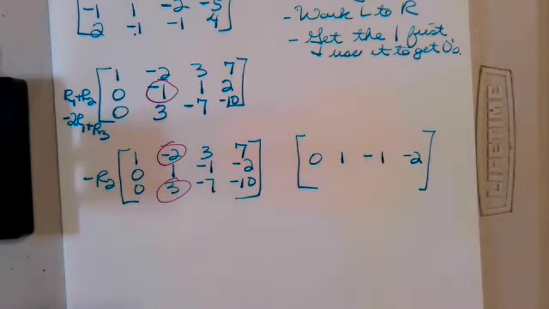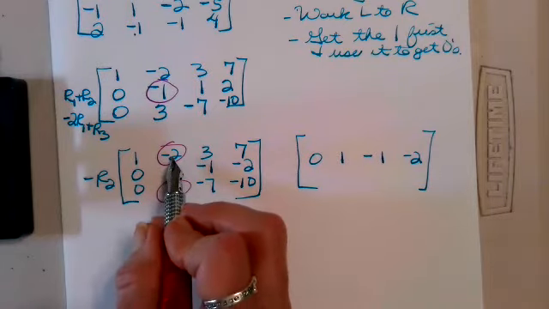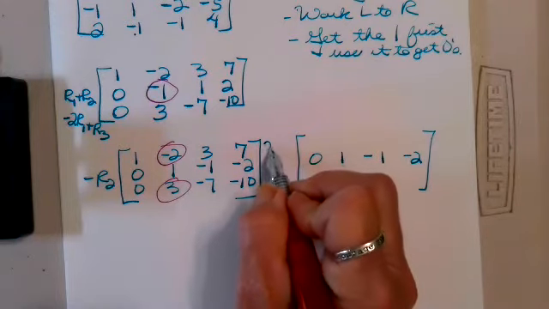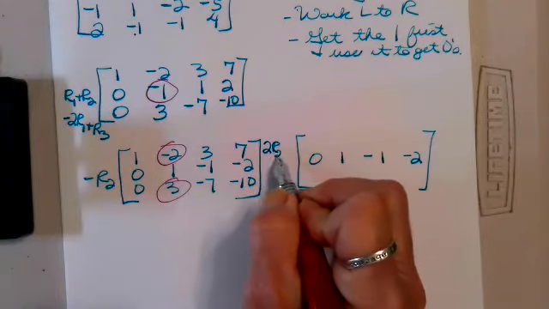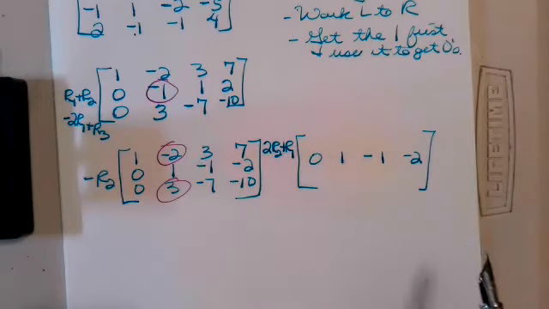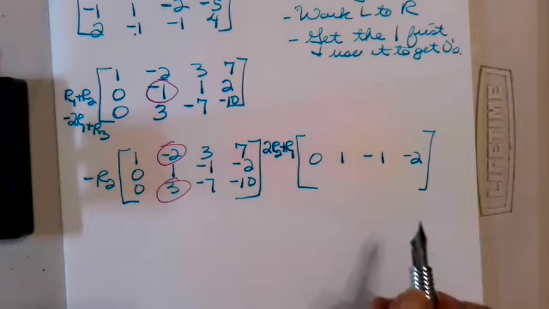Okay, so that means I have to take, to get the minus 2 to be a 0, I'll multiply row 2 times 2 and add it to row 1. Remember, all I care about is to get that zero in the right place.